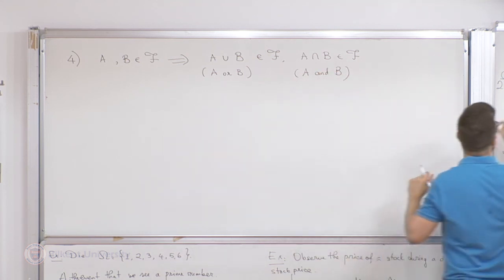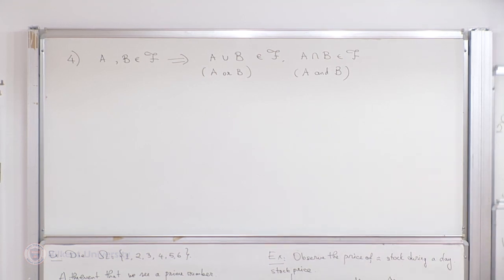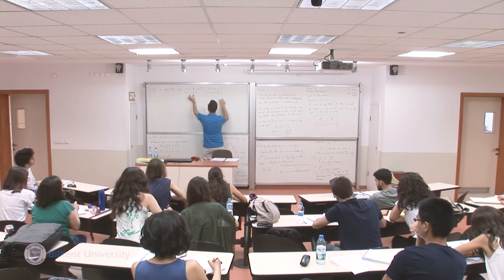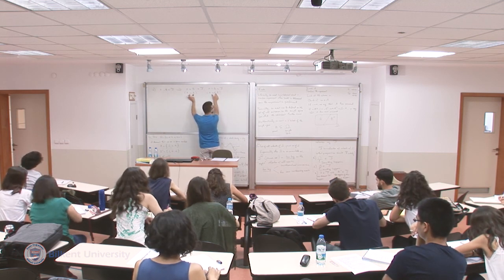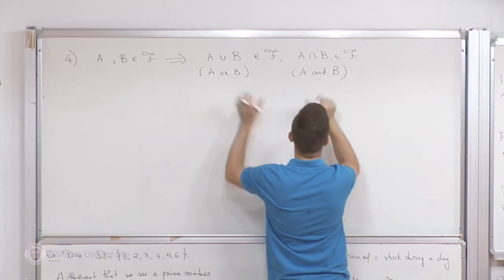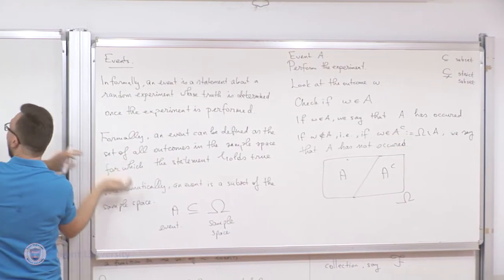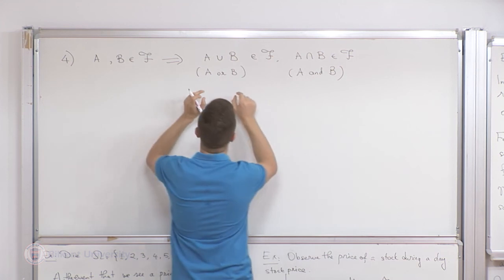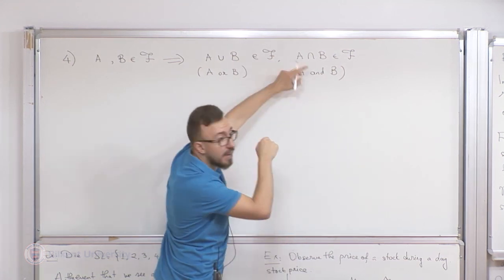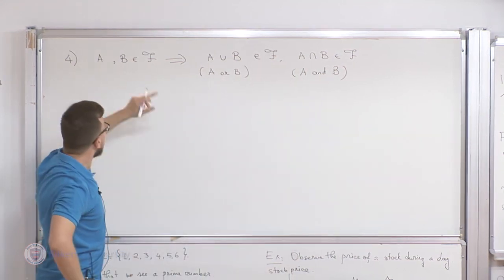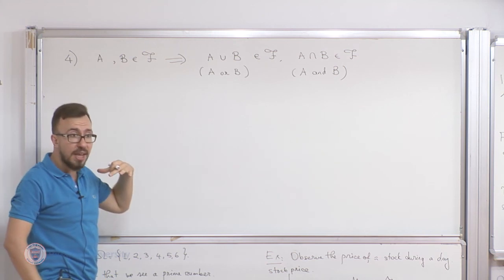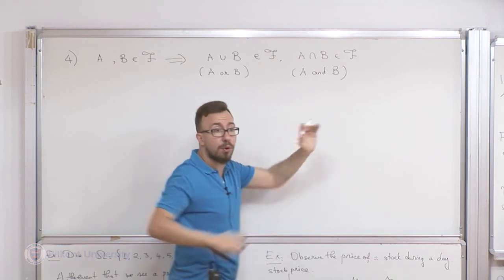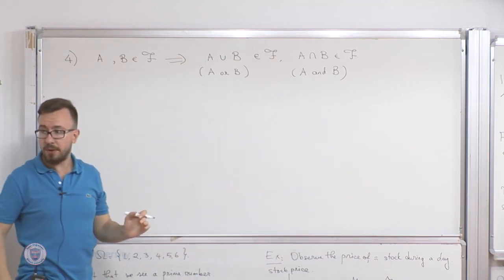Again, if you remember our definition of event, in the informal version, I have or and and. This is like the statements that I'm talking about here. In the mathematical version, I have union and intersection, which corresponds to or and and, right? So if I have two statements that are interesting for me, their joint statements with or and and are also interesting for me, okay?